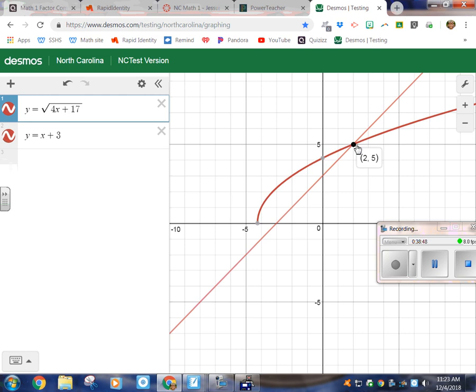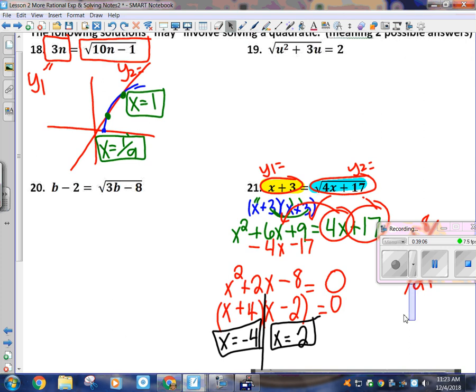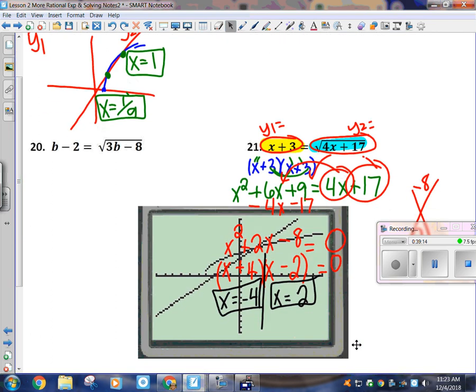Now, having gone through the paper pencil method of factoring and moving things over and getting 2 possible answers, what do you think is the easiest way to solve what we call the booger problems? I think Desmos is by far the easiest. Now, I will conclude this by saying that last year, before we had Desmos, we did use the graphing calculator, and this was the picture I got.